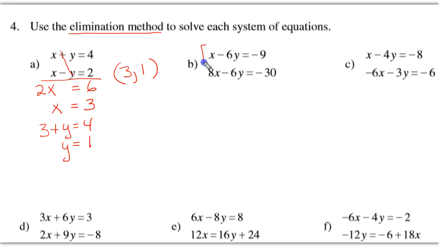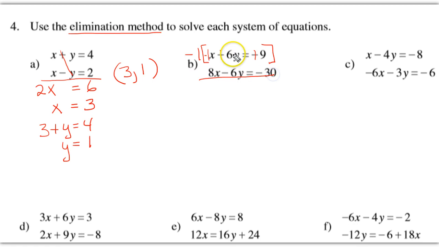If I multiply this top equation by a negative 1, that will make this a negative 1, this one a positive 6, and this a positive 9. I'm just changing all the signs by multiplying each term by a negative 1.